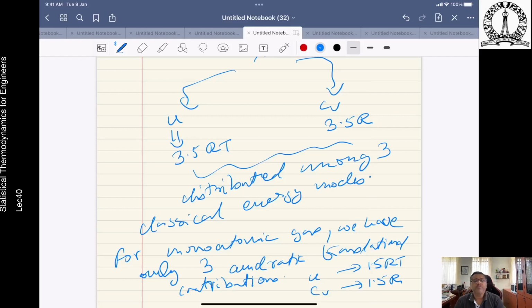However, the agreement is quite poor for diatomic gases, except at temperatures approaching 1000 to 2000 Kelvin.